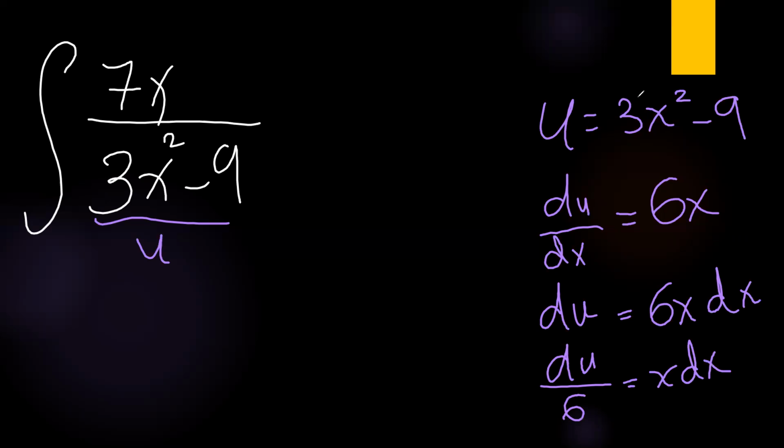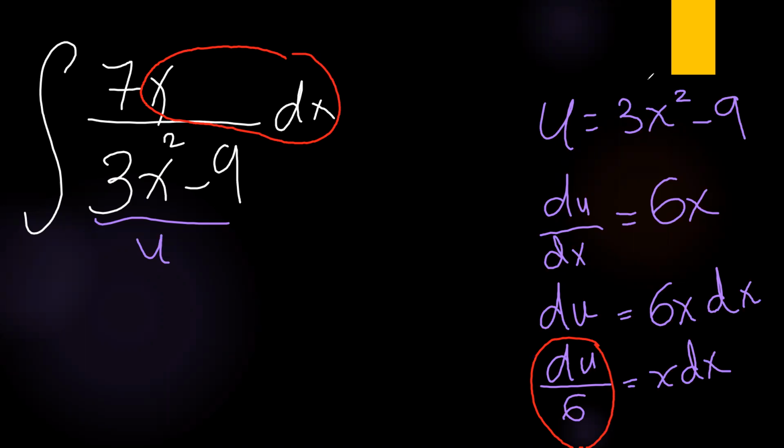Why did I make this step? Because here there's no 6x dx. There's 7x dx. So what I have to do, I have to say that x dx is du over 7 over 6.